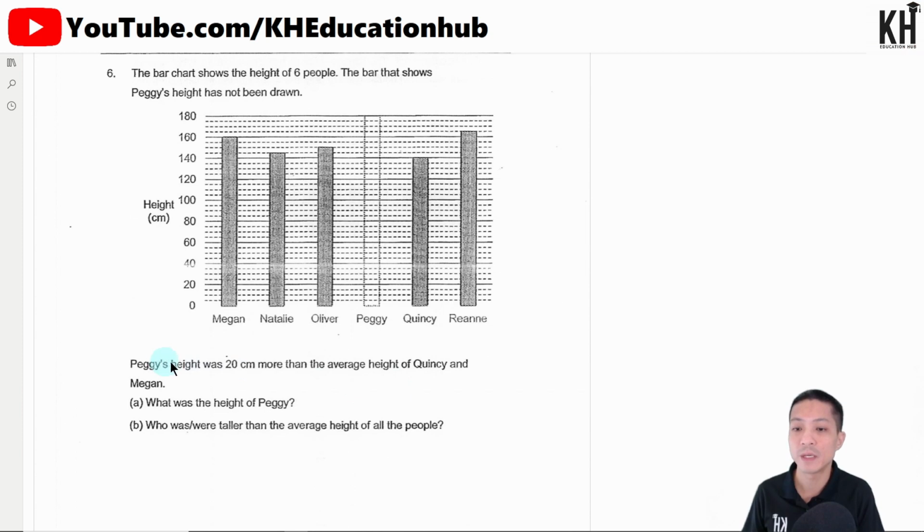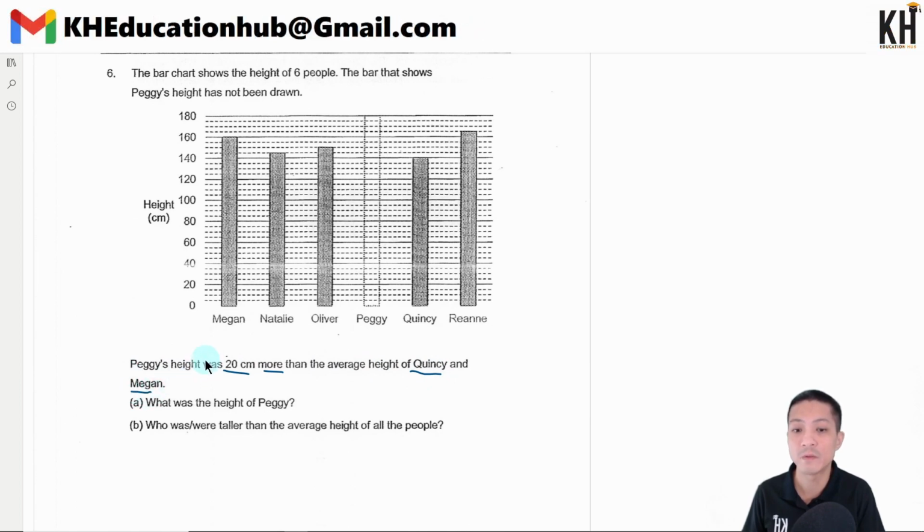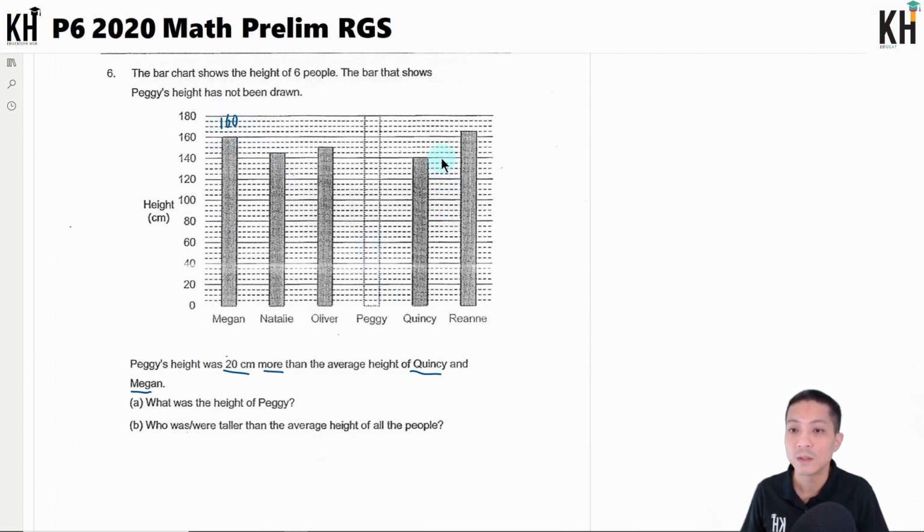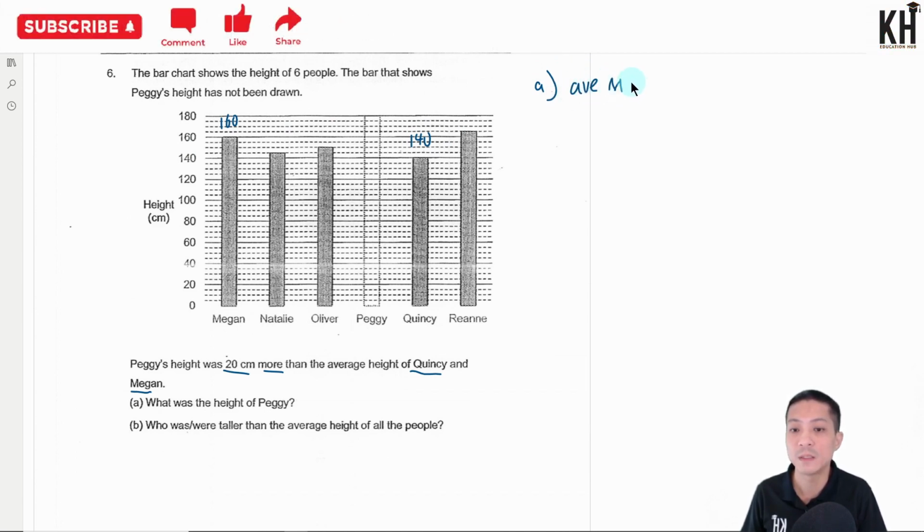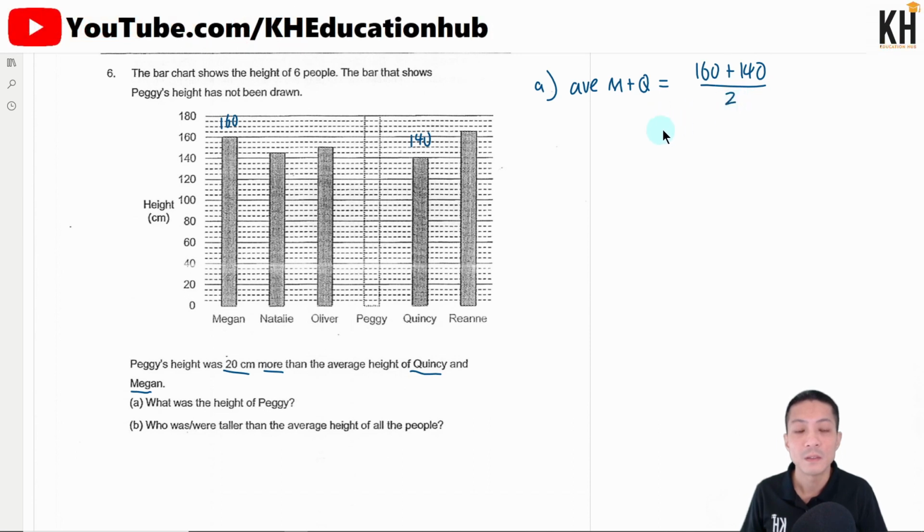Okay, so Peggy's height is 20 centimeters more than the average height of Quincy and Megan. So I'm gonna find Megan first. Megan will be 160, so I'm gonna write over here. Quincy will be 140. So for part A, the average of Megan and Quincy will be 160 plus 140, divided by 2, which is 150 centimeters.